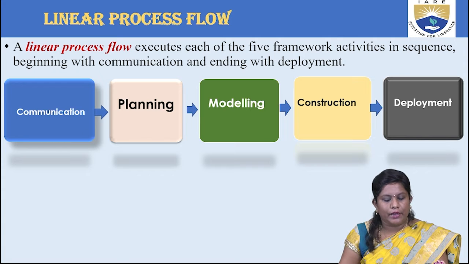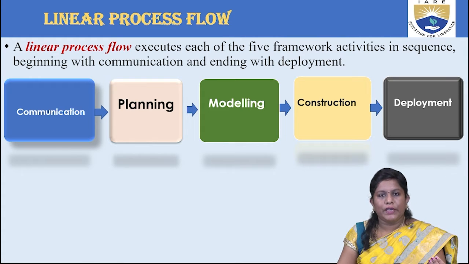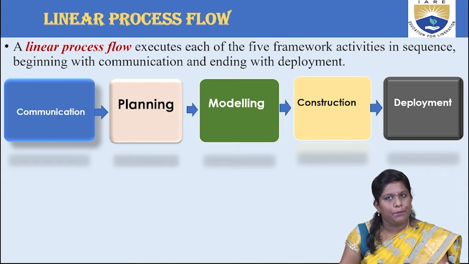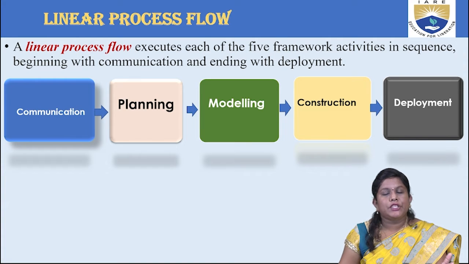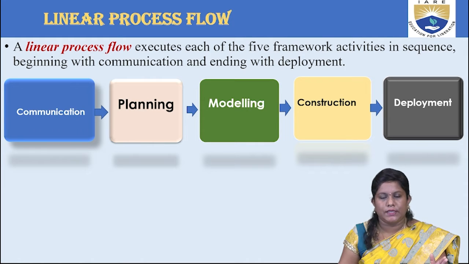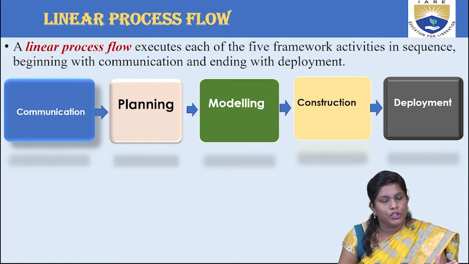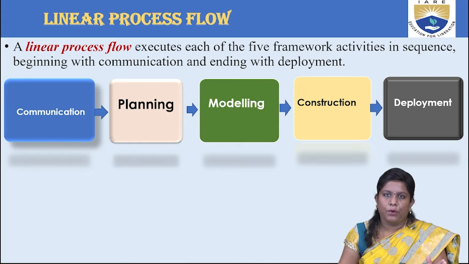So looking at the diagram, we have 5 stages that were already discussed. That is the communication phase, the planning phase, the modeling phase, the construction phase, and the deployment phase. So let us look at the definition of what linear process flow is trying to tell us. It is trying to execute each of these 5 framework activities in a proper sequence, starting off with communication and ending with deployment.